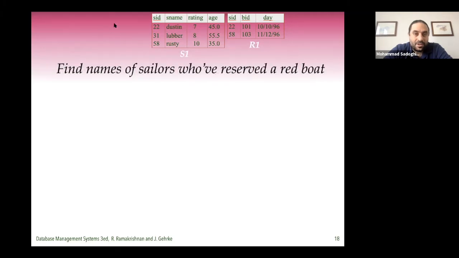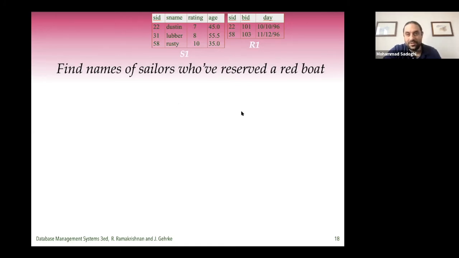Okay, let's look at another example. Finding the names of the sailors who reserved a red boat, and assume there is a third relation that, given a boat ID, gives us the color of the boat.